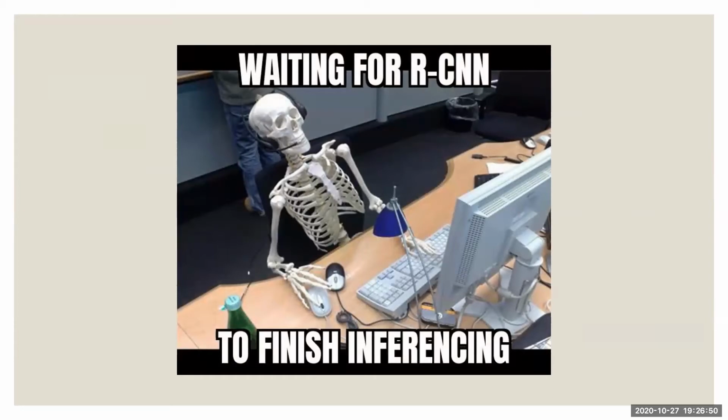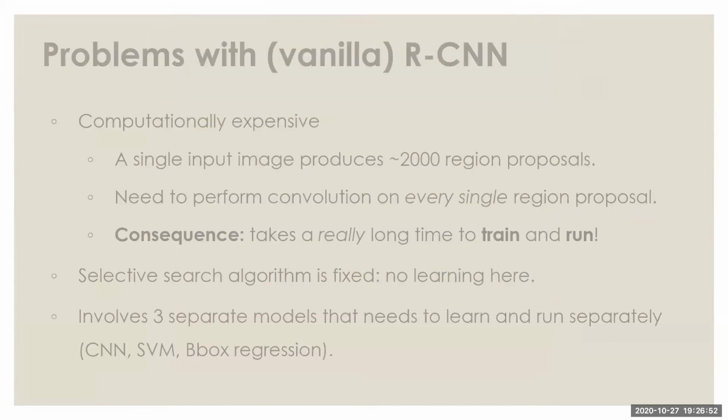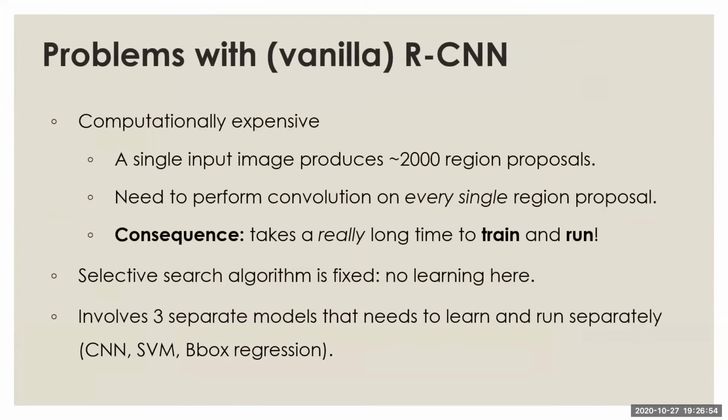And then it has several disadvantages as well. So the first one is obviously that it is computationally expensive because a single input image will produce around 2,000 region proposals. And then for each region proposal, you're going to feed it into the CNN. So just for one image, right, you're going to have to extract 2,000 feature vectors. And then for all those feature vectors, you're going to have to feed them into the SVM. That's a lot of computation.